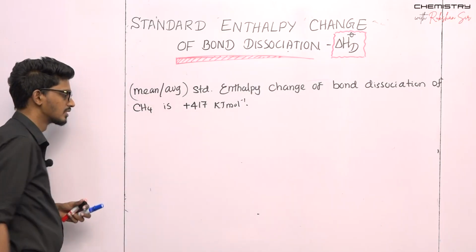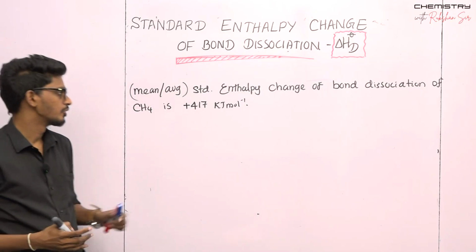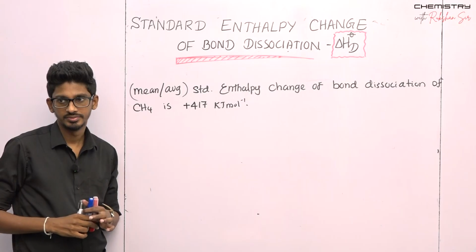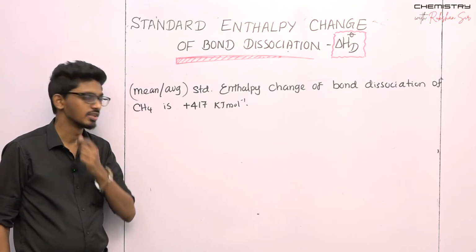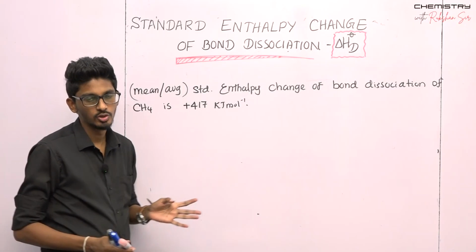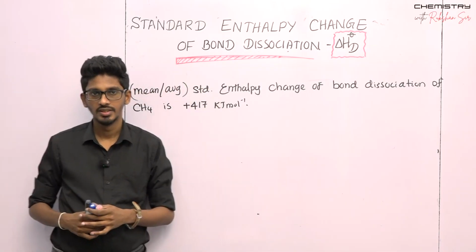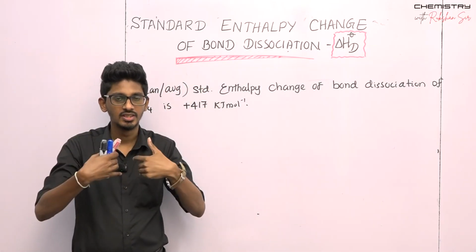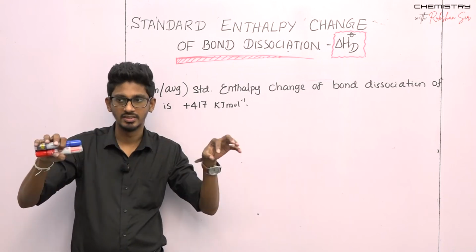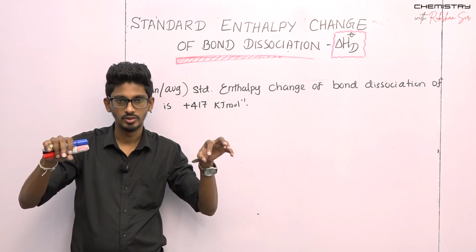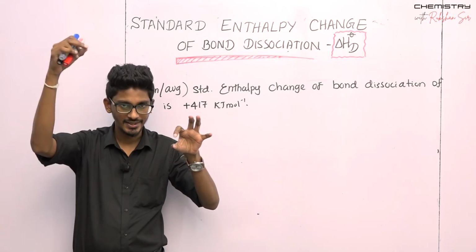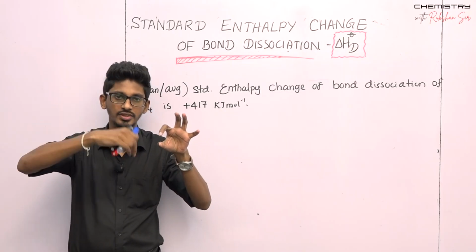Do that correction. All the bond dissociations are endothermic. To break the bonds, you need to absorb heat. The bond should absorb energy from the surroundings to break. To break a bond, you have to provide energy to the bond.